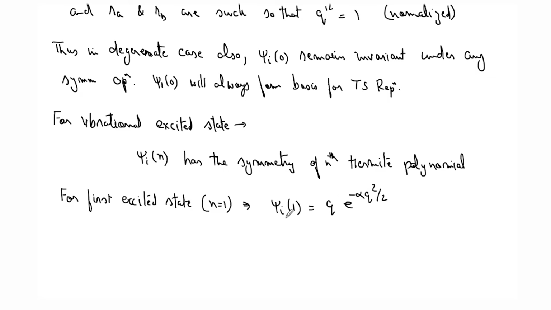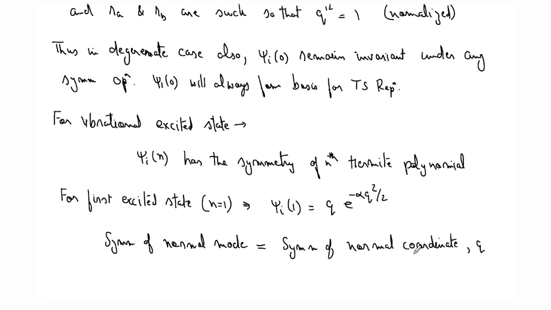So the first excited state will have the symmetry of the normal mode itself. Okay. So let's say the symmetry of the normal mode, which was determined in the last lecture, is equal to the symmetry of the normal coordinate Q, and this is equal to the symmetry of the first excited state. So this is clear.